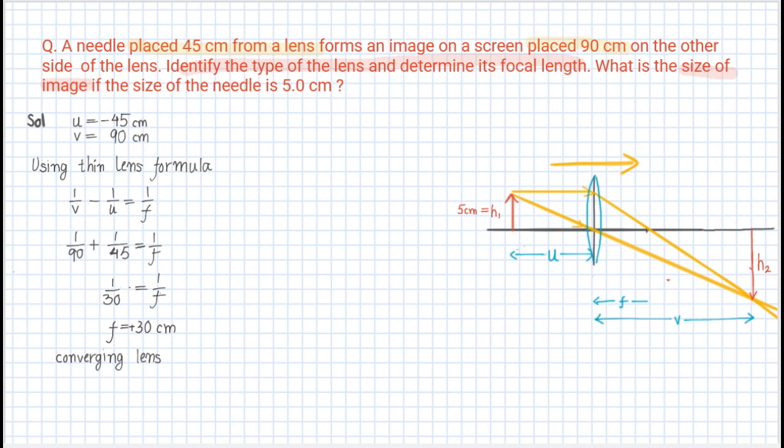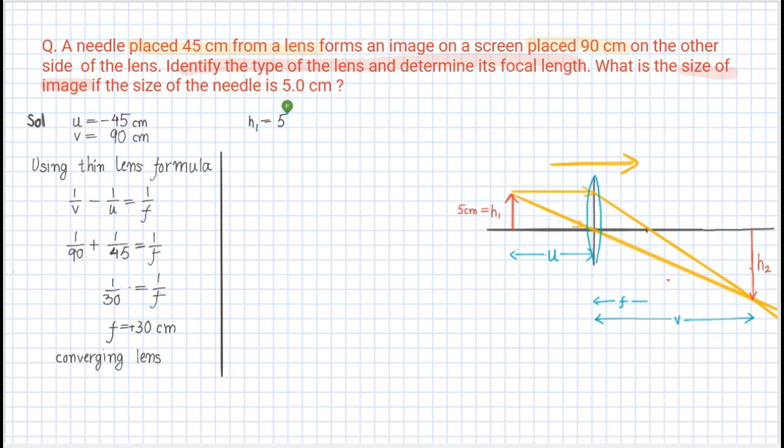For that, let's first write down the important points which they have given in the question. They have given the size of the object h1 is how much? 5 centimeter.